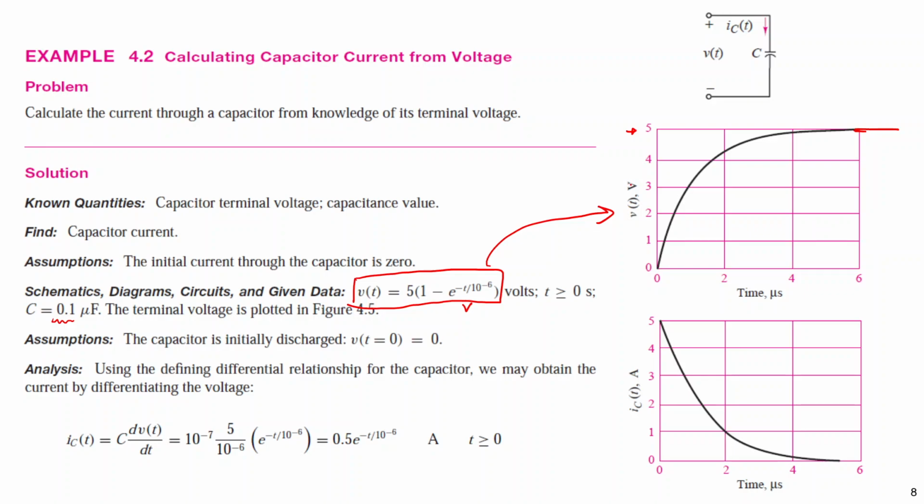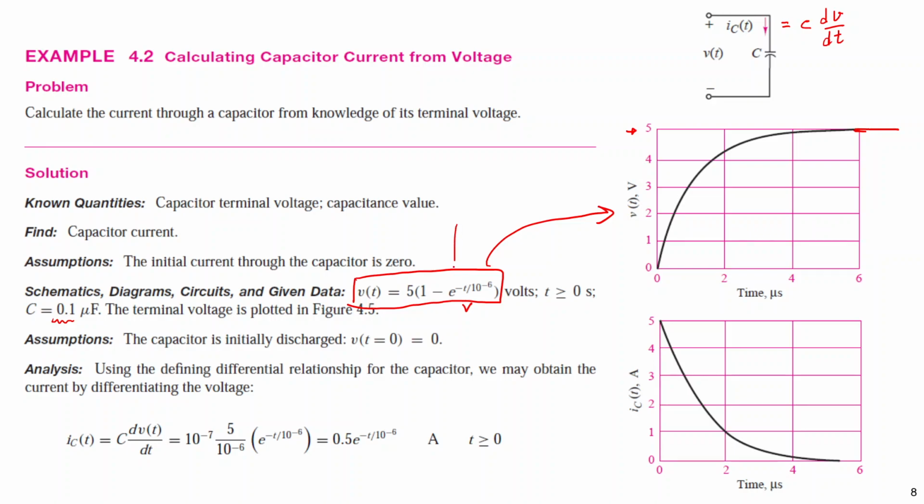If the voltage across the capacitance is V(t), the current I would be I = C dV/dt, right?